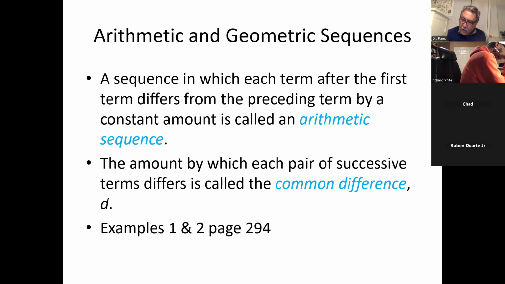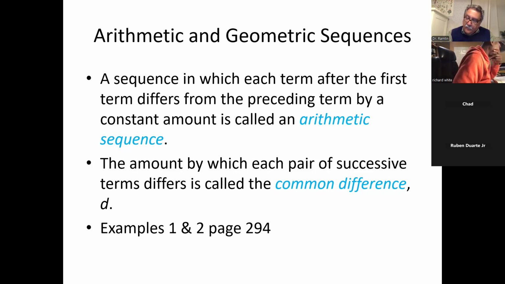If you go to page 297, if they ask you to write the first 6 terms of a geometric sequence with the first term 6 and a common ratio of 1/3, it means the first term is 6, then you multiply each number by 1/3. 6 becomes 2, 2 becomes 2/3, 2/3 becomes 2/9. So that's the difference.